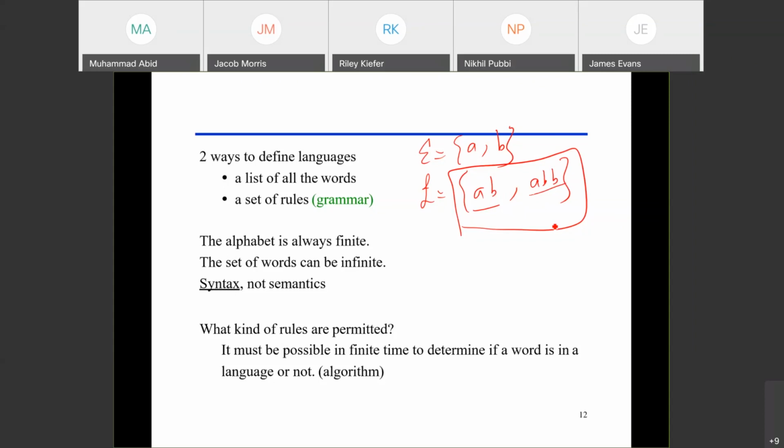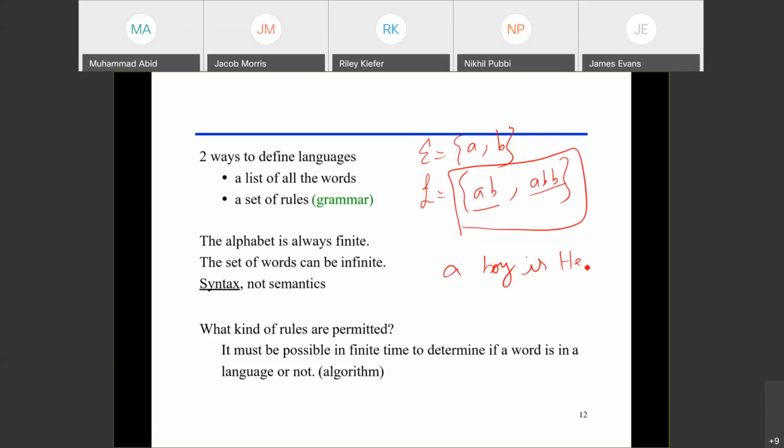Then we create rules, and those rules are equivalent to the grammar in the English language. In English you can make any sentence, but you need to understand that this sentence should be according to the rules and regulations of the English language. So now if I make a sentence, let's say: a boy is he.